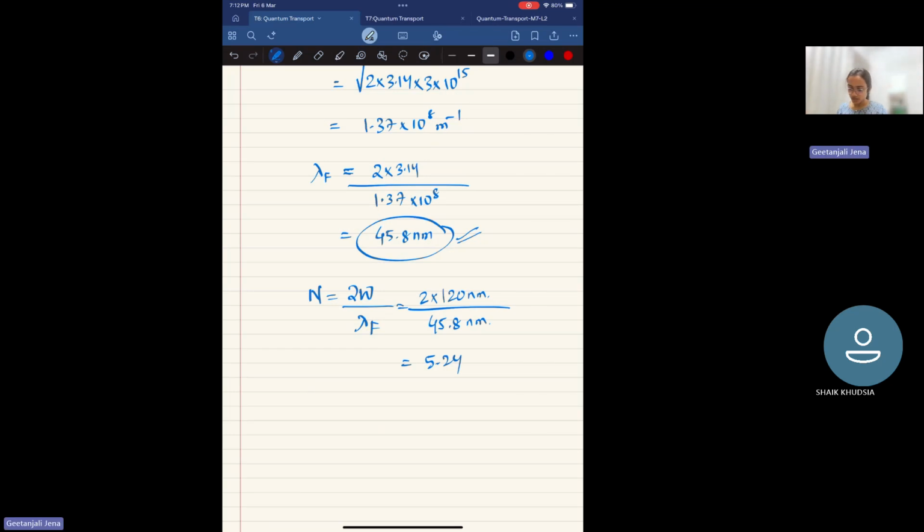Let me cross check whether the answer is correct. The steps are the same. You just need to use the two-dimensional electron gas expression to calculate kF. Then from that you can calculate lambda F. And if you know lambda F, then calculating the number of modes is quite easy.